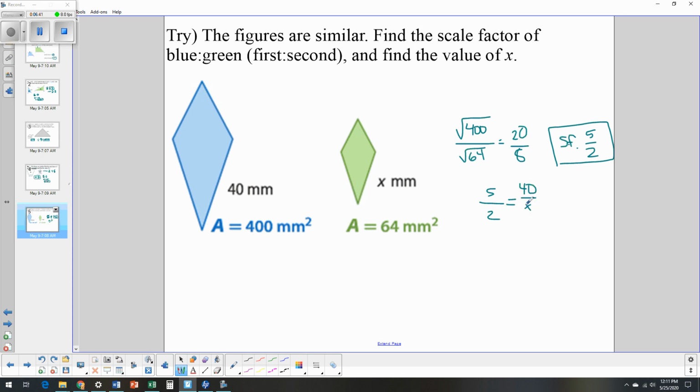All right, so your scale factor should have been 5 over 2, and we should get x is 16. And that is it for this lesson.